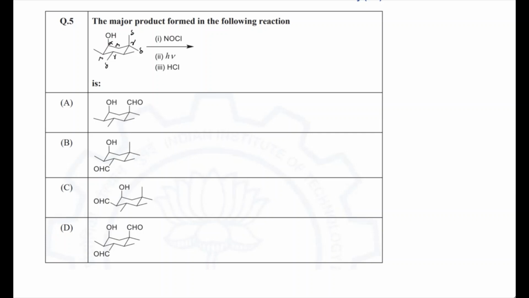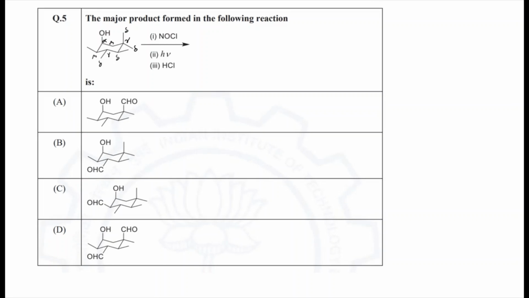So you can see that 3 types of, also alpha, beta, gamma, delta. This is also delta. So you can see that 4 types of delta hydrogen atoms are there, but only this product will be formed, because this delta hydrogen atom will participate. This is because for this delta hydrogen atom a 6-member cyclic transition state is possible. For other delta hydrogens it is not possible, so this product will be formed only.